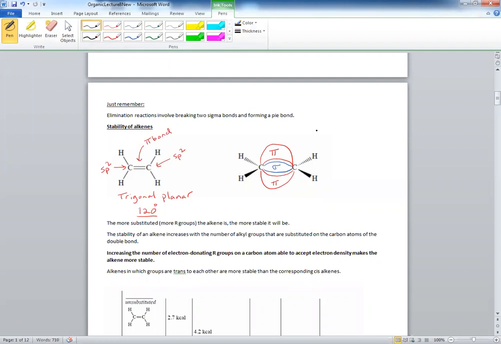So of course the sigma bond electrons are closer to the nucleus. Again, means they are held more tightly.